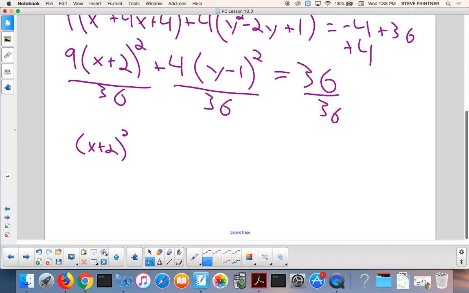X plus 2 squared over 4. Yeah, because we got 9 divided by 36. It's like 1 over 4. 4 divided by 36, 1 over 9.